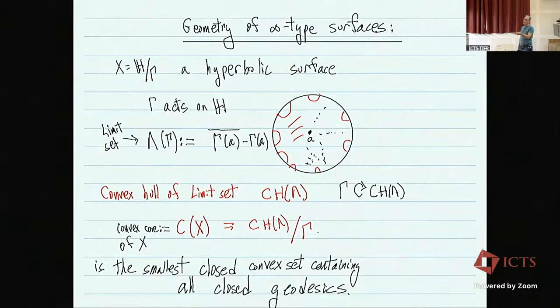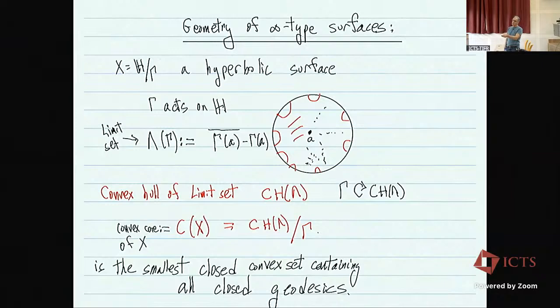It's not hard to see that the convex core has to contain all the closed geodesics. That's because if you have a closed geodesic, it lifts to an axis of a hyperbolic element. And the axis of a hyperbolic element, its endpoints are limit points. So it has to either be the boundary of the convex hull or interior to this convex hull of the limit set.